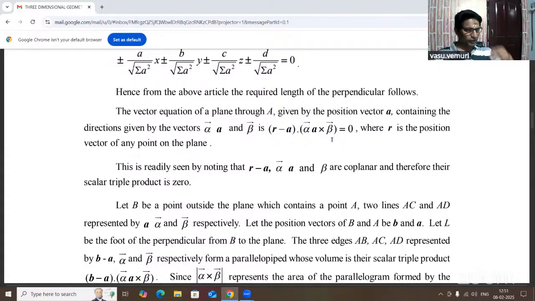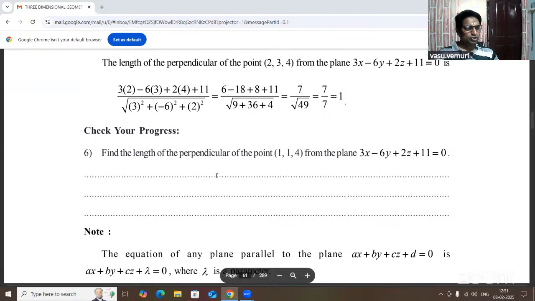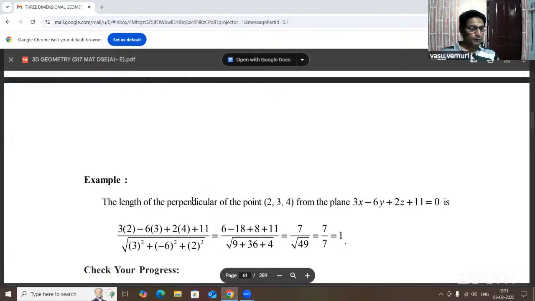That is the triple product. Because A is involved with the position vector, these three have scalar triple product equal to 0. So that is not necessary here. So you see this problem. This problem is very important.